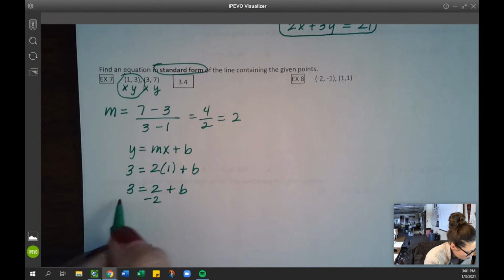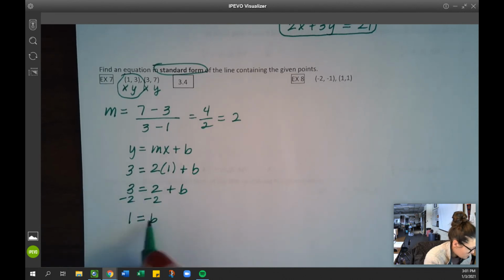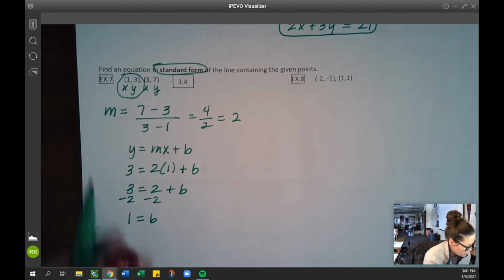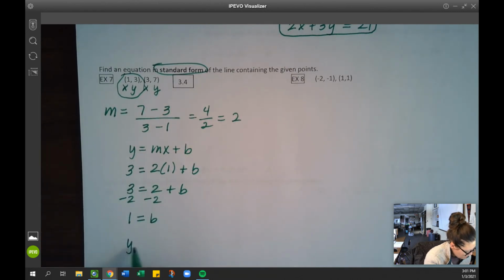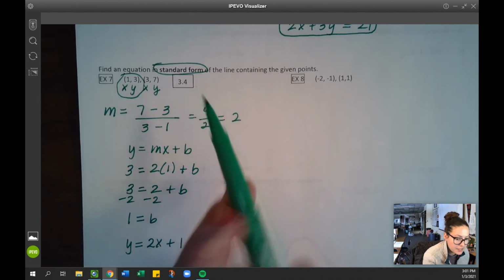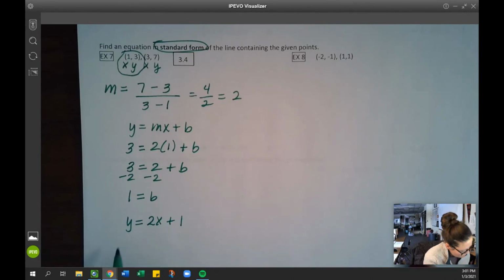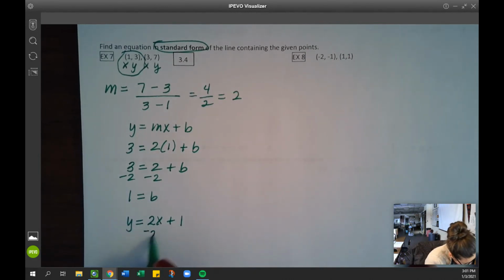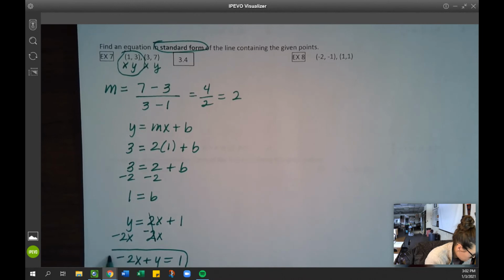Subtract 2 from both sides. We get b equals 1. So I have m equals 2 and b equals 1. So we have y equals 2x plus 1. However, got to put it in standard form. Luckily, there's no fractions. I'm going to subtract 2x from both sides. We get negative 2x plus y equals 1.